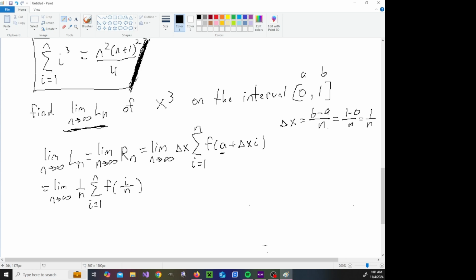Well, we're plugging these values into our function, which is just x cubed. f of i over n is something we can absolutely figure out, so I can rewrite that as i over n cubed.